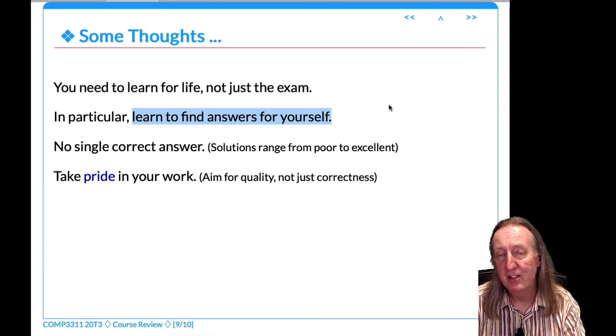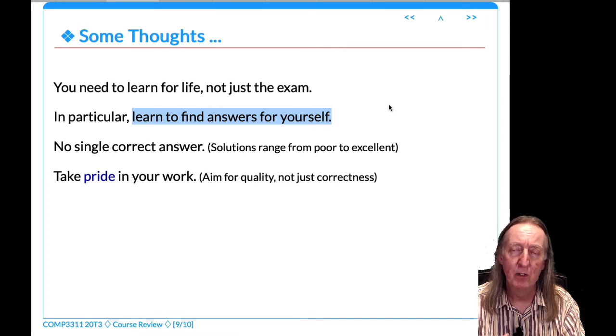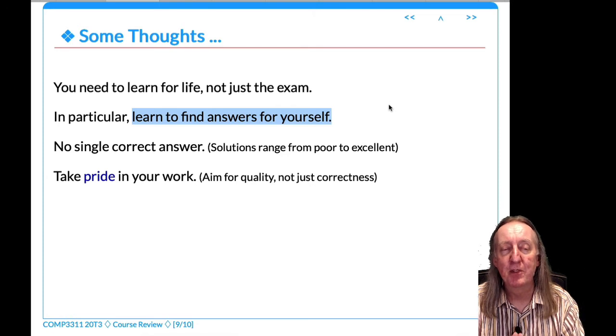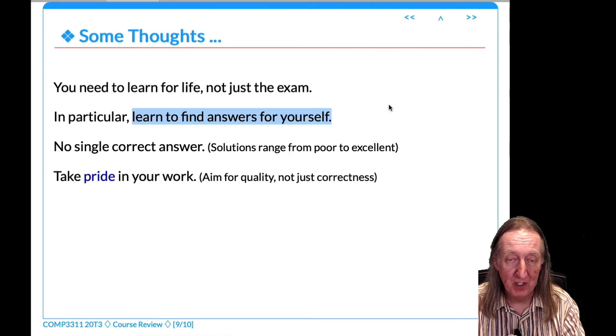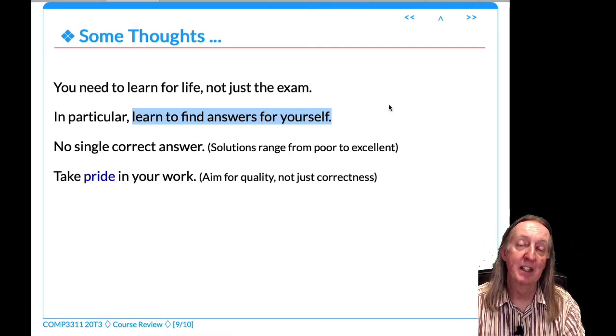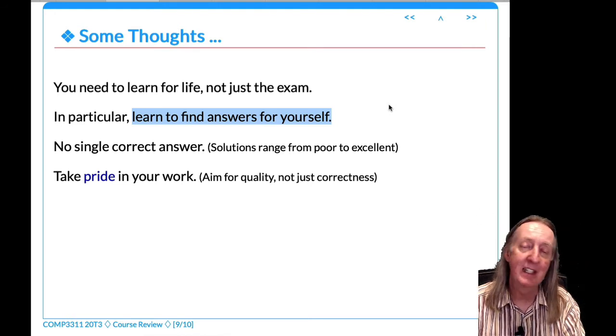So learning how to find things right now is a very useful skill, and hopefully something that you develop over your 3 or 4 years of study. A lot of students seem to be obsessed with finding a single correct answer. There isn't one most of the time, and there are solutions that work but don't work very well, and there are solutions that work brilliantly and are maintainable, and so on.